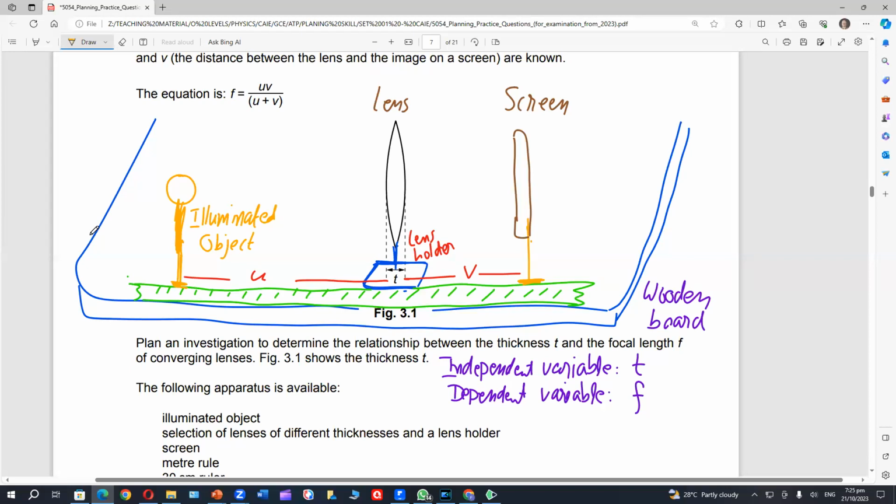Then measure u and v using the given formula. Find the focal length. This is the formula given in the question. Use the given formula to find the focal length.